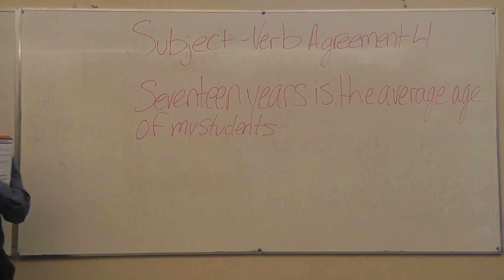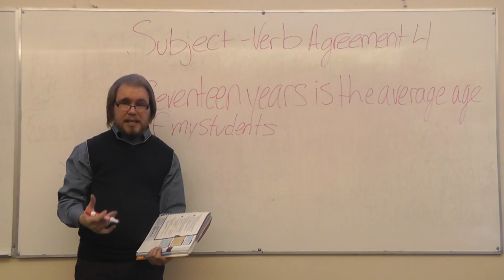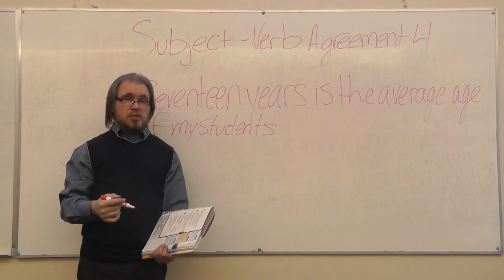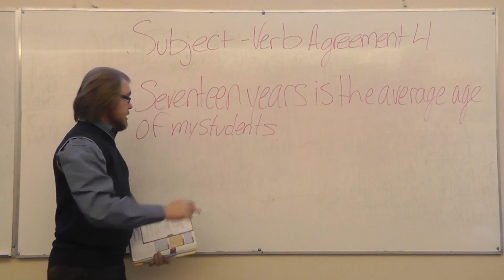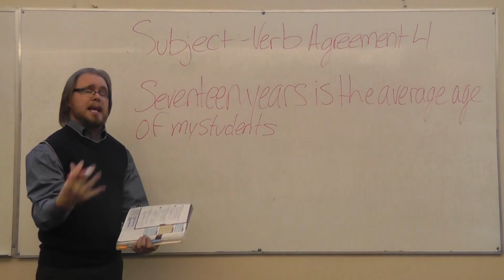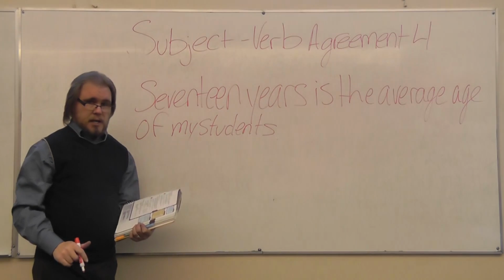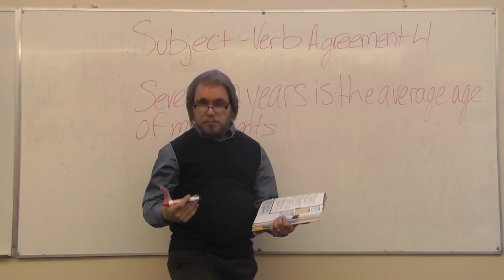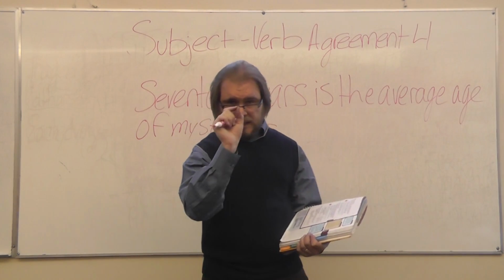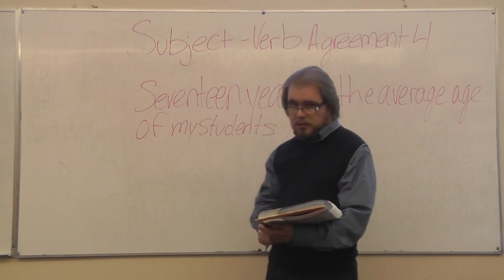Notice my verb there after 17 years is, because we're looking at a quantity as a whole. Okay? The number 17, in this case we're talking about a time period, 17 years is the average age of my students. So, even if the number is more than one, don't let it throw you off, okay? It's going to be singular.